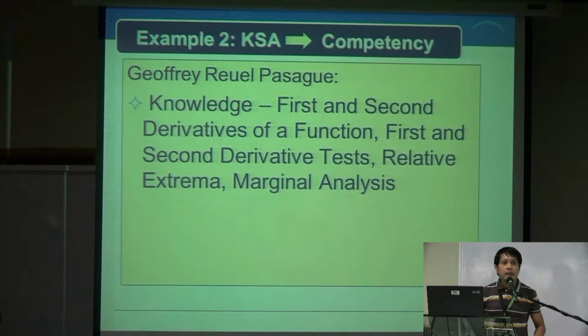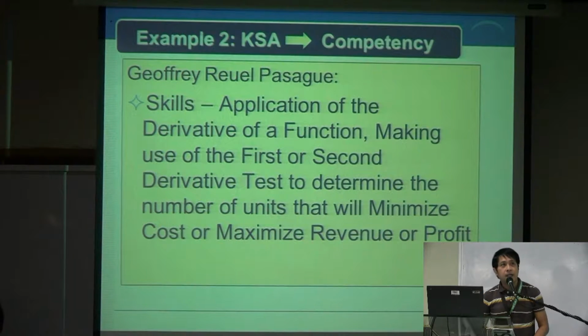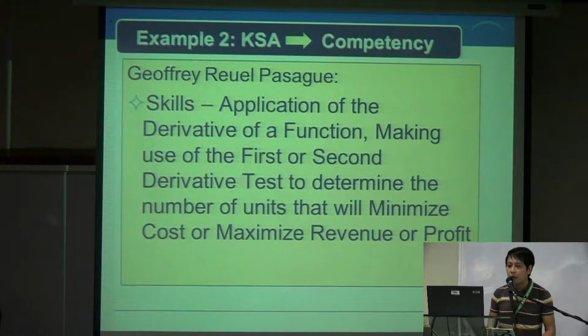And the knowledge that they are supposed to acquire would be to know first and second derivatives of a function, first and second derivative tests, and relative extrema, and the concept of marginal analyses. And then the skills required would be to apply the derivative of a function in the concept of marginal analysis in interpreting, and making use of the first or second derivative test to determine the number of units that will either minimize the cost or maximize the revenue and the profit.